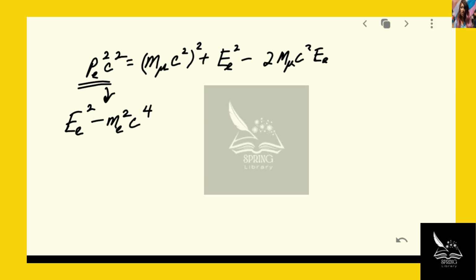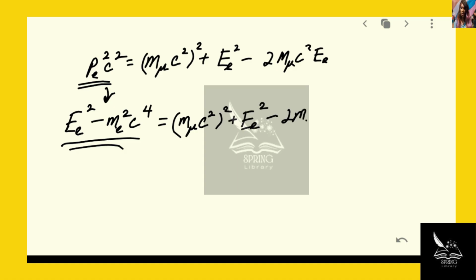We equate everything nicely, and we find that the total energy of the electron squared appears on both sides of the equation, so we can get rid of it and simplify a lot. The total energy of the electron is now the only unknown in this formula.